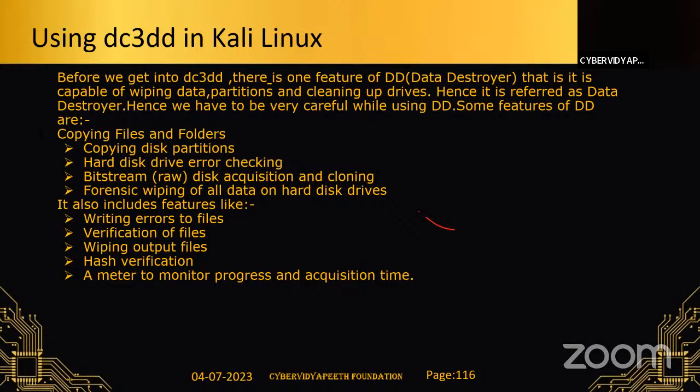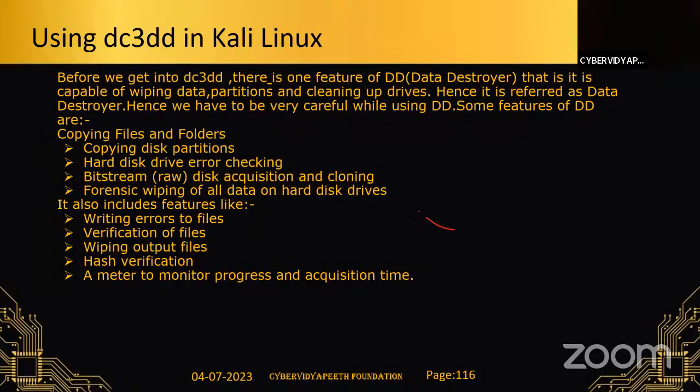Bit stream disk acquisition and cloning we can do, writing bit by bit from one component of an image to another. And with dc3dd you can write to multiple disks at the same time. If you want to do cloning to 5 different devices, and you can mount those 5 devices on your computer, you can do the bit streaming and cloning very easily.